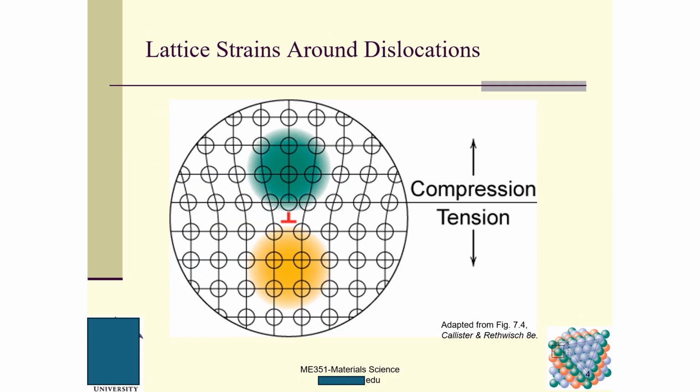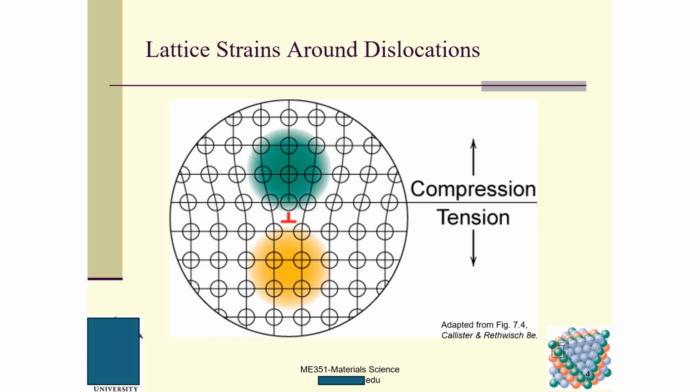So this is a lattice strain around the dislocation. We can see this is one plane, this is another plane, and so on up to the ninth plane. And in the middle we have a half plane here.